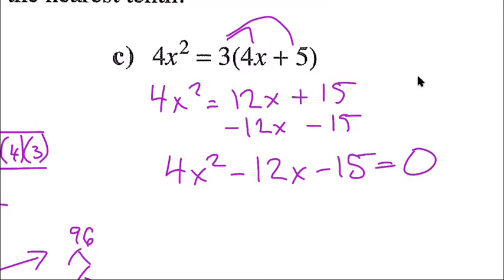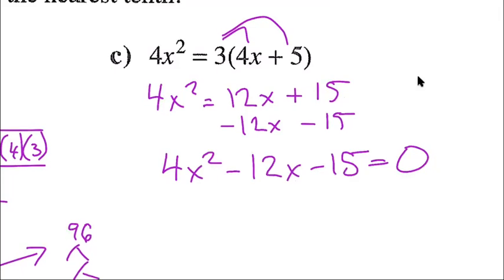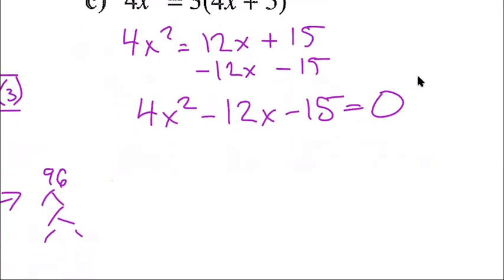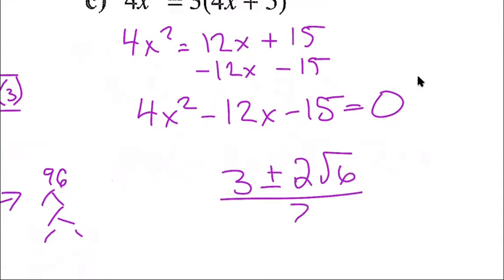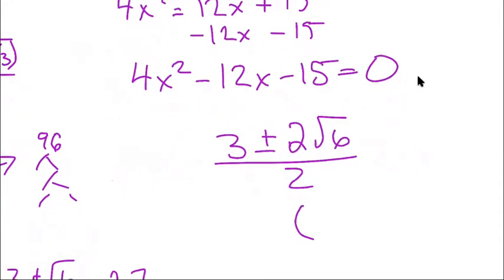And then you could go through your quadratic formula. When you go through your quadratic formula, you should end up with 3 plus or minus 2 root 6 all over 2, which works out to decimal numbers 3.9 and -0.9. Please do that work. Please test it. Please try it to make sure that you can answer that correctly.